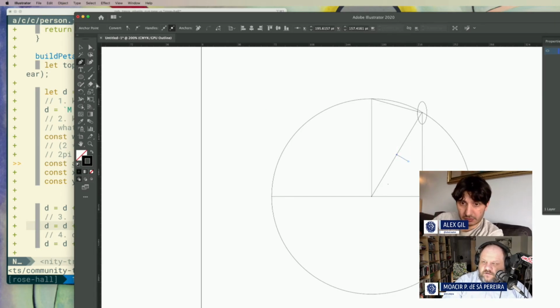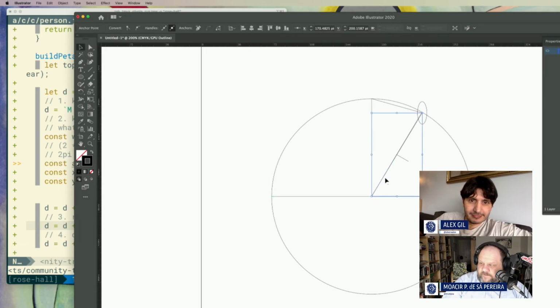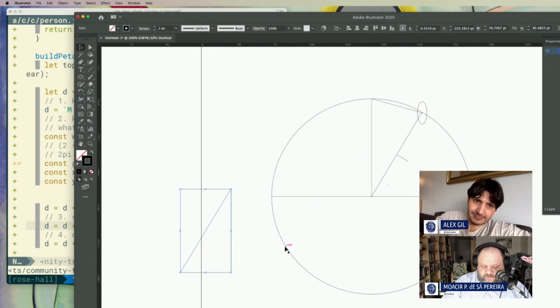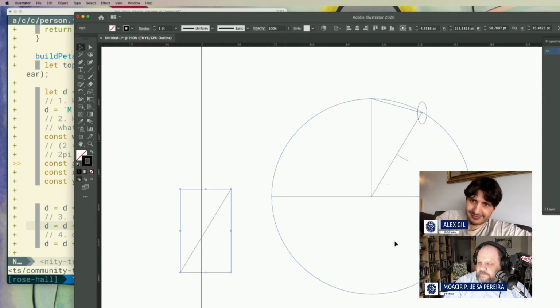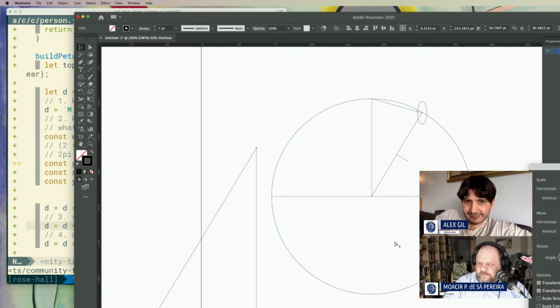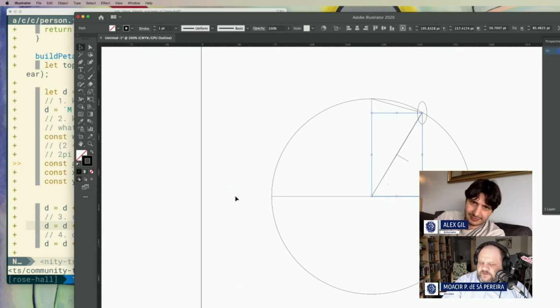Try it. Looking good. All right, so it's just half x, half y. Good to know.